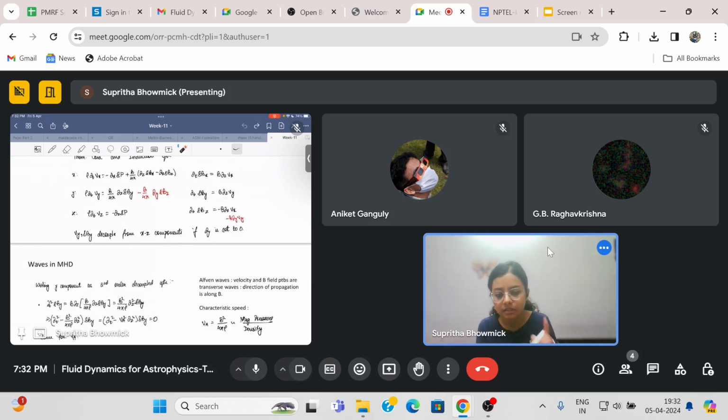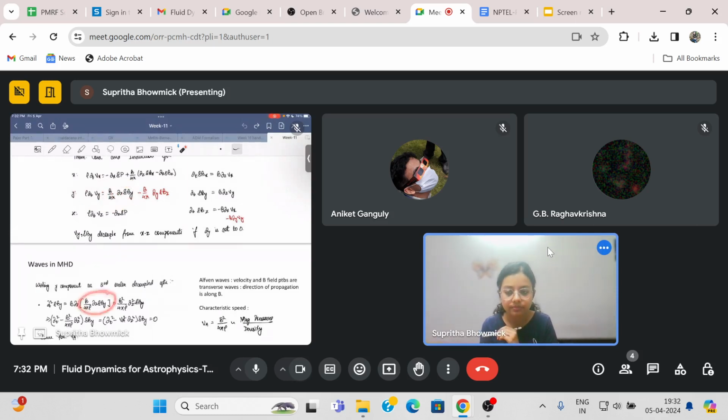You act with time derivatives on both sides. On the left hand side, you get del t squared delta By. On the right hand side, you get b del z of del t Vy. But del t Vy you can obtain from here. What is del t Vy? Del t Vy is just b by 4 pi rho del z of delta By.